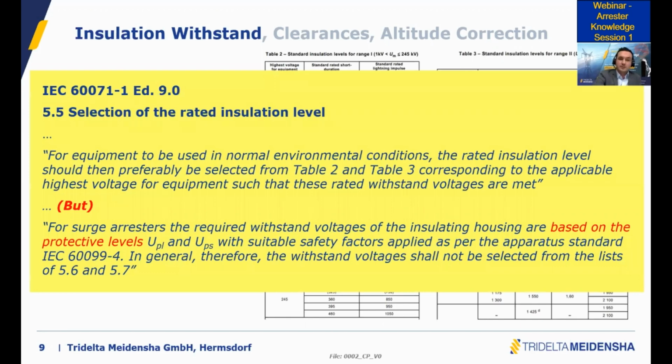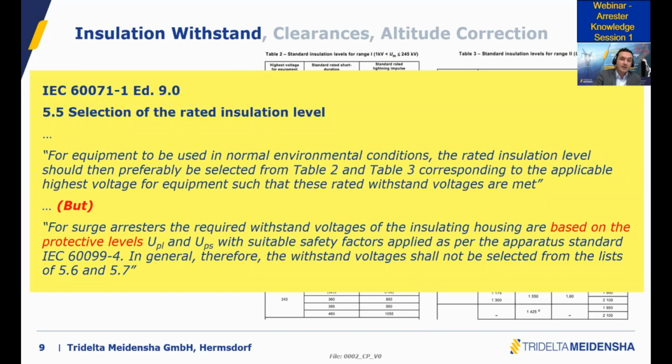But it's important to go a little bit more into detail and look at paragraph 5.5, selection of the rated insulation level. Basically, for equipment to be used in normal environmental conditions, the rated insulation level should preferably be selected from table 2 and table 3, corresponding to the applicable highest voltage for equipment, such that these rated withstand voltages are met.